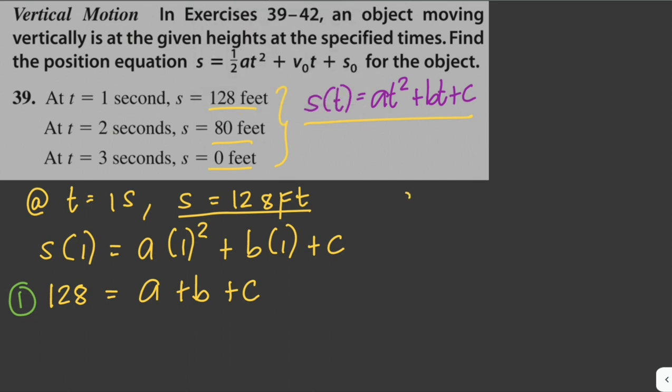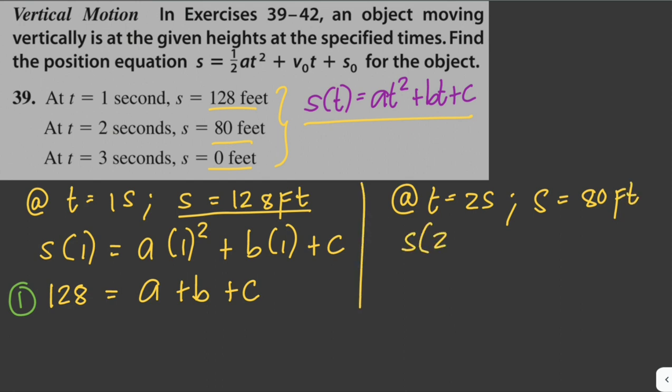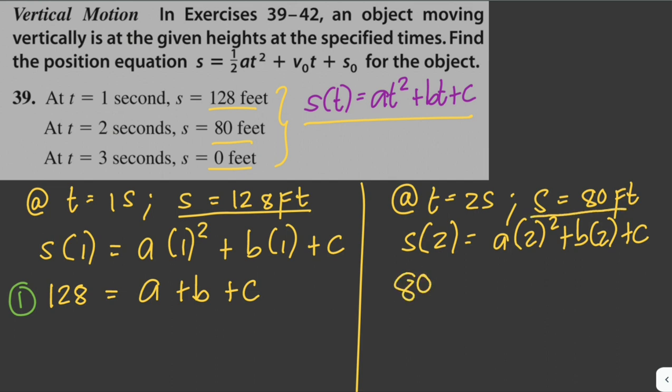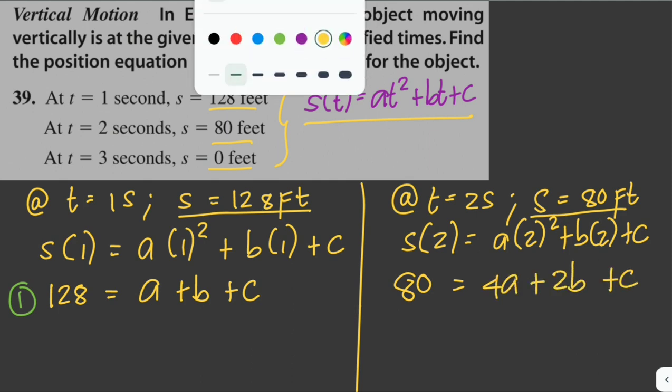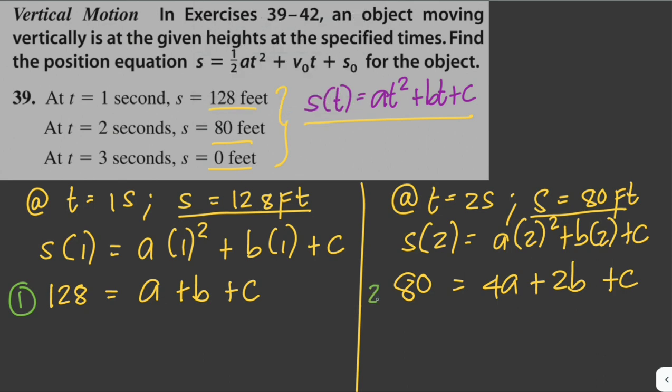Then at t equals 2 seconds, s equals 80 feet. So s of 2 equals a times 2 squared plus b times 2 plus c, and s of 2 is given as 80 feet. So 80 equals 4a plus 2b plus c. This is our second equation.